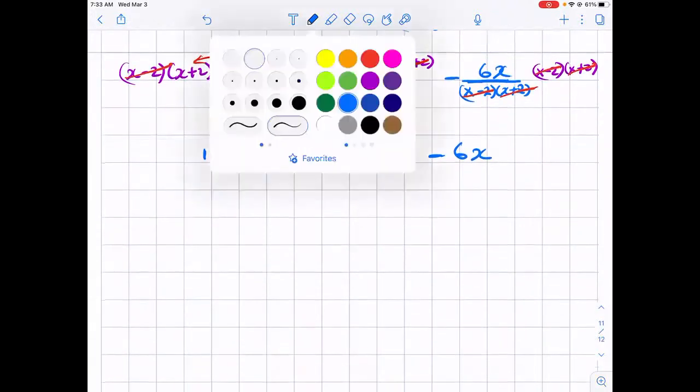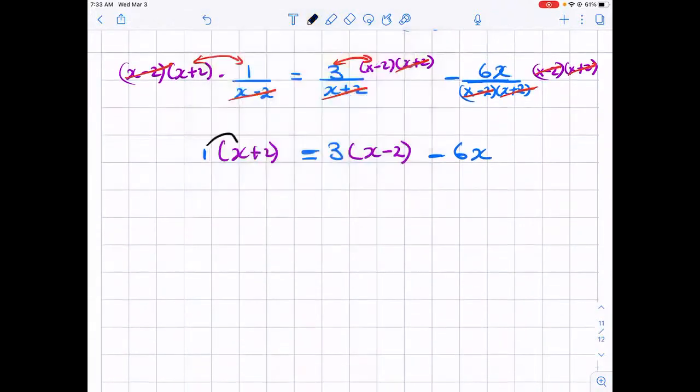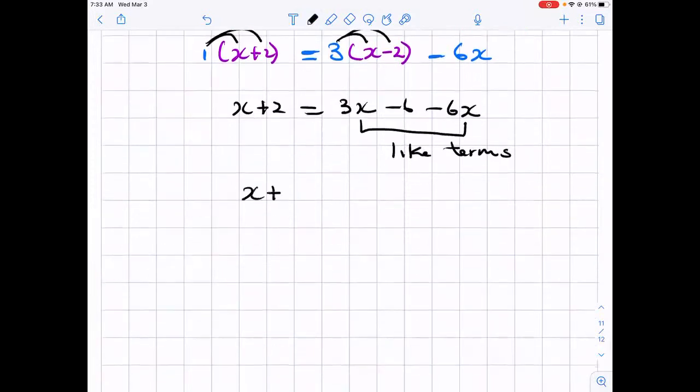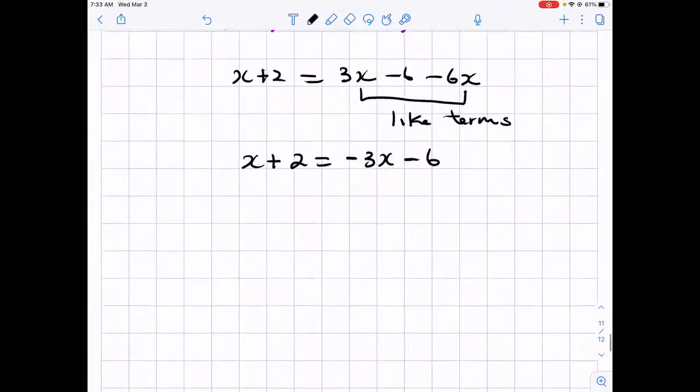If we distribute, we have x plus 2 is equal to 3x minus 6 minus 6x. So now here we have like terms. So that leaves me with x plus 2 is equal to minus 3x minus 6. Okay.